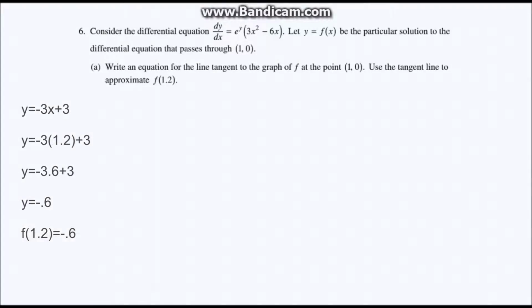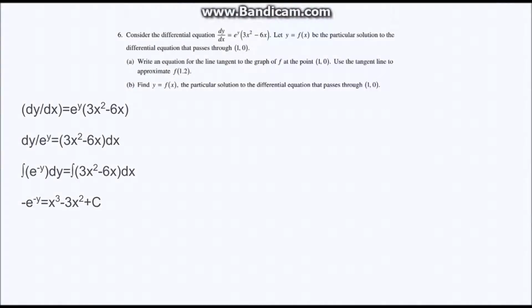Okay, with the tangent line y equals negative 3x plus 3, we want to find what y equals when x equals 1.2. So we plug in 1.2 for x, and we get y equals negative 3 times 1.2 plus 3, which is negative 3.6 plus 3. Then y equals negative 0.6. And that means f of 1.2 equals negative 0.6.